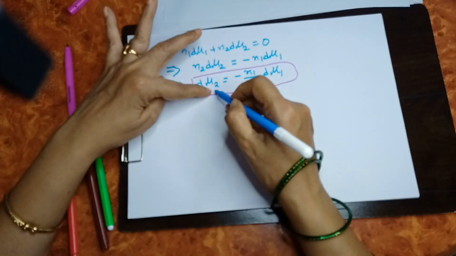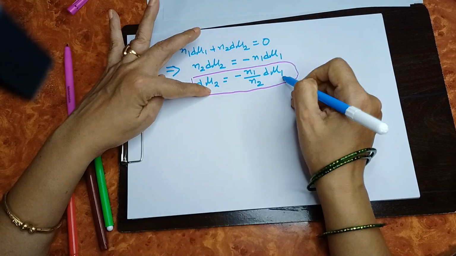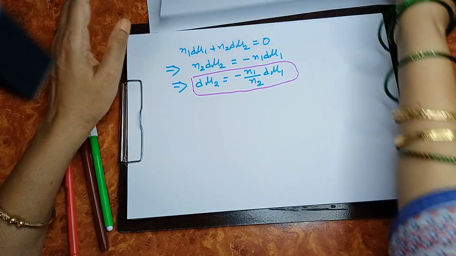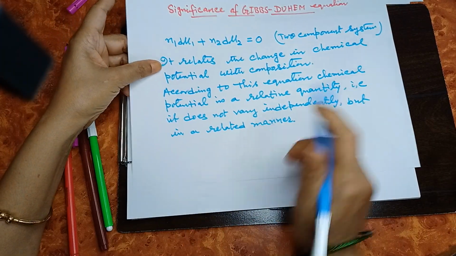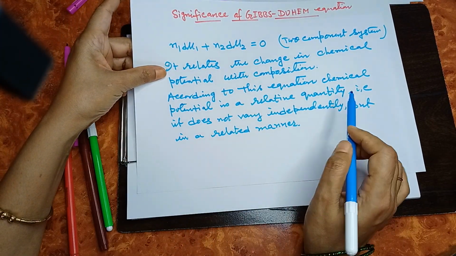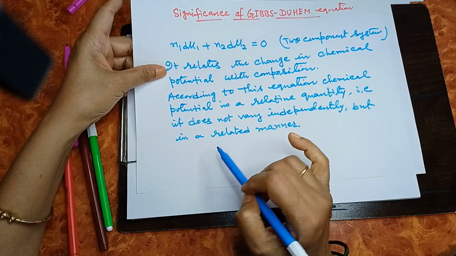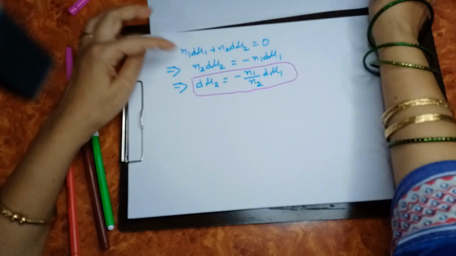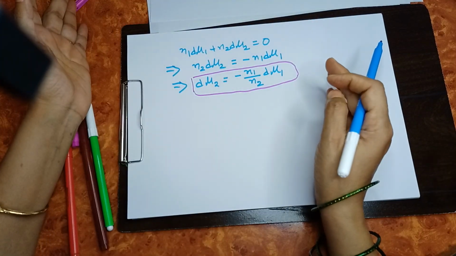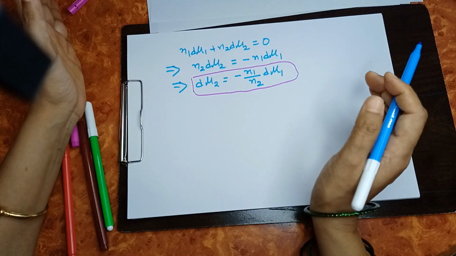So if one is positive, then the other should be negative. According to this equation, chemical potential does not vary independently but in a related manner. If one is increasing, another one will decrease, and vice versa.